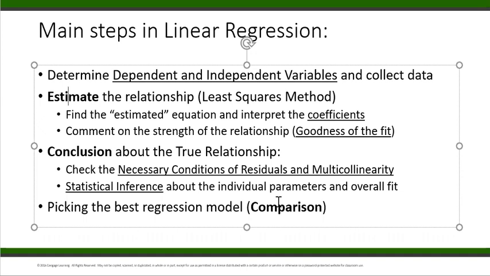So which one of these models is going to be the best regression model that you should actually use in practice? So we're going to talk about different criteria that are going to be used for selecting the best regression models.